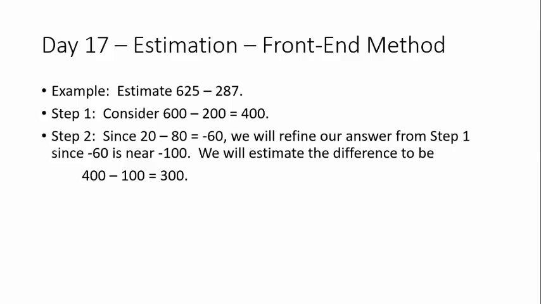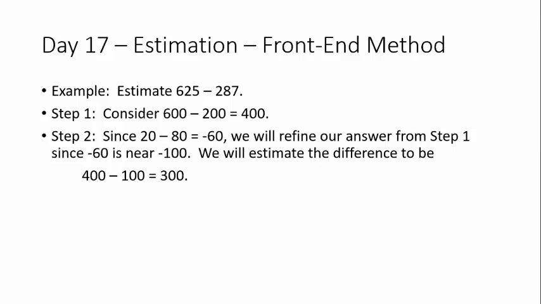Here's another example of subtraction. Estimate 625 minus 287. Using the front-end method, step 1, 600 minus 200 is 400. Now let's look at the next digits. The 2 and the 8 are considered to be 20 and 80. 20 minus 80 is negative 60.